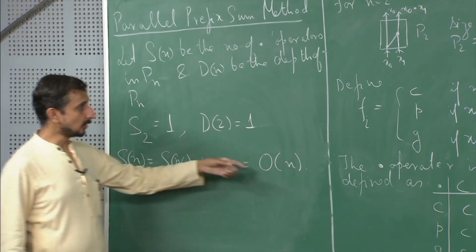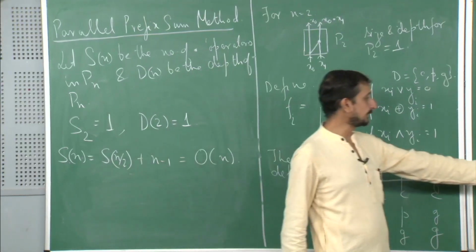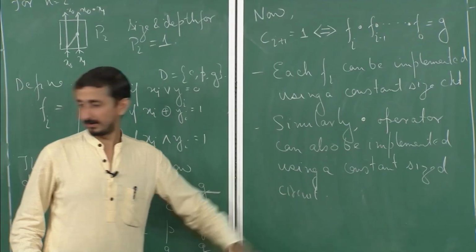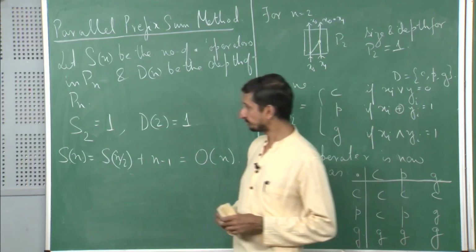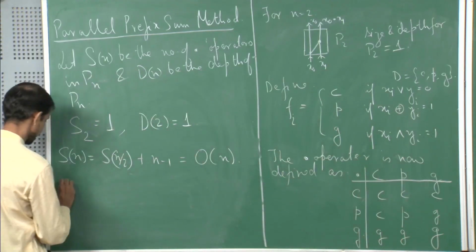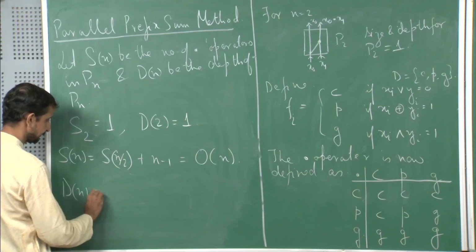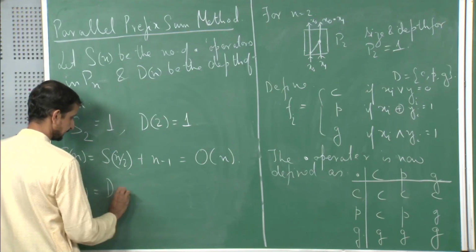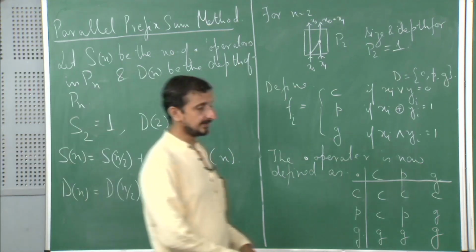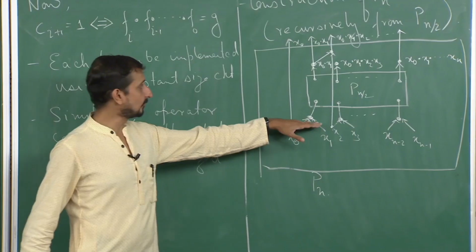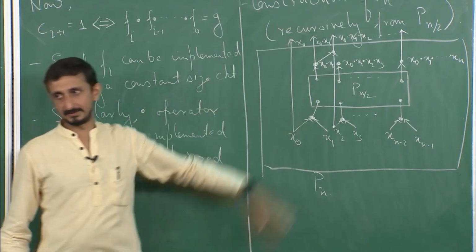And then we also observed that each dot operator can be implemented by a constant size circuit. So, therefore, the total size is order n for us, right. What about the depth? Again the depth is similar. It is the depth of P of n by 2 plus how much are we adding? I have one gate over here and I have one gate over here in the depth.